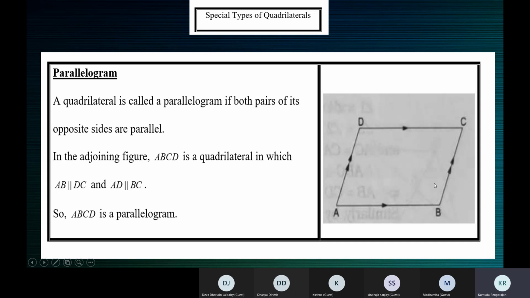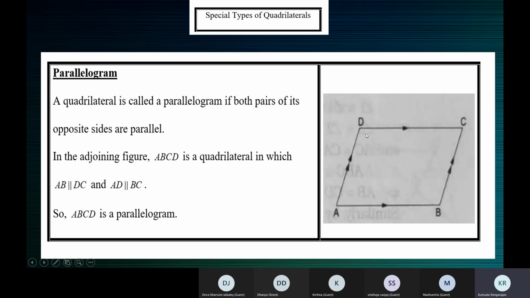What will be the measure of angle D? 130 degrees, ma'am, because A and D are adjacent angles, or you can say C and D are adjacent angles.